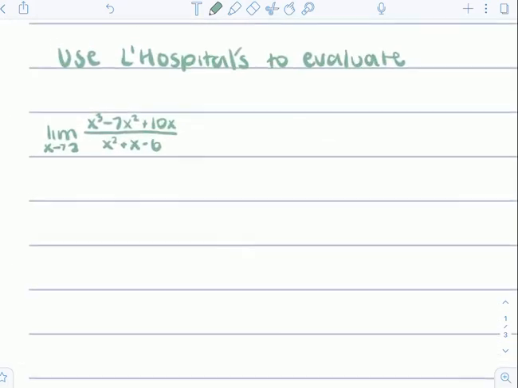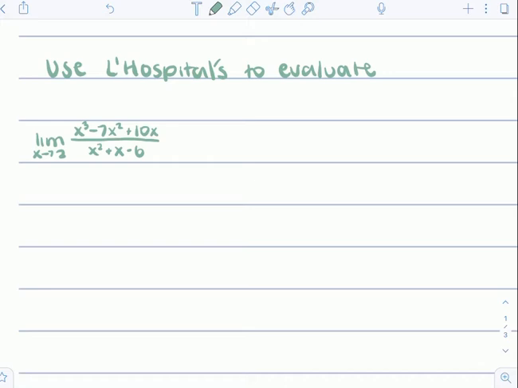So in the first question, it says use L'Hopital's to evaluate, and then it gives us this limit. The first thing that we should do is check to see if L'Hopital's can be used, and that's if it says 0 over 0 or infinity over infinity.